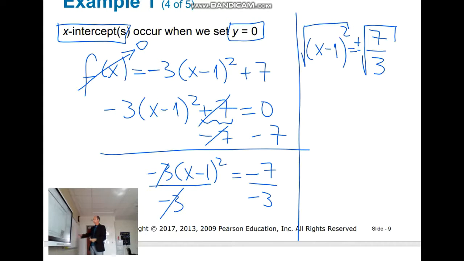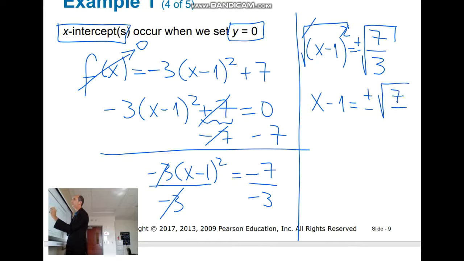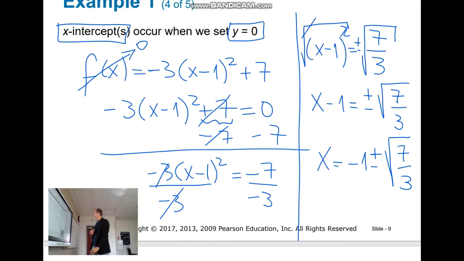At this point we can simplify this: x minus 1 equals positive or negative square root of 7 over 3. That means x equals negative 1 plus or minus square root of 7 over 3.